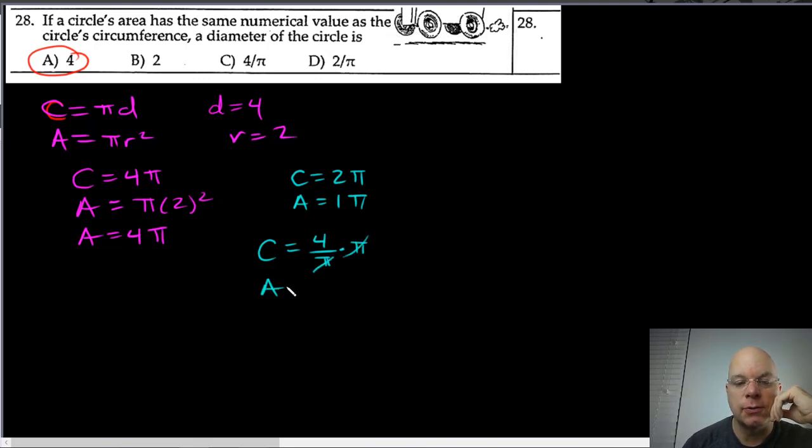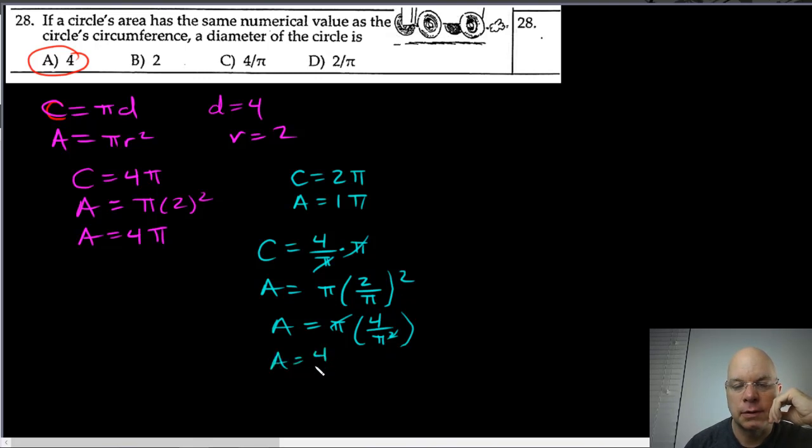And area equals pi multiplied by 2 over pi squared, which is pi times 4 over pi squared, which is just 4 over pi. Well, 4 does not equal 4 over pi, and you're going to get something similar for D. Answer choice A is the correct answer.